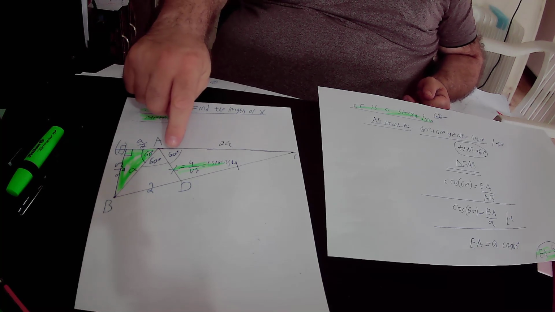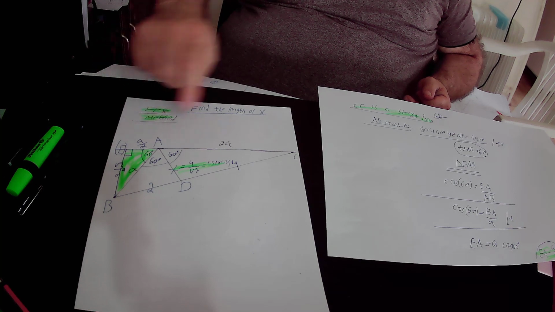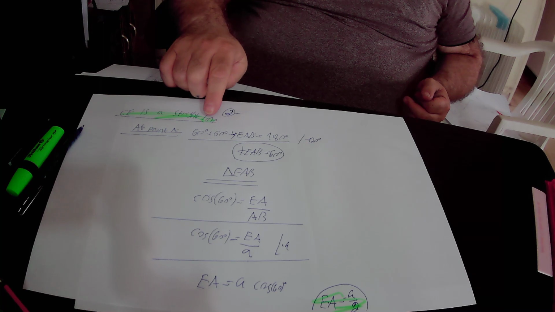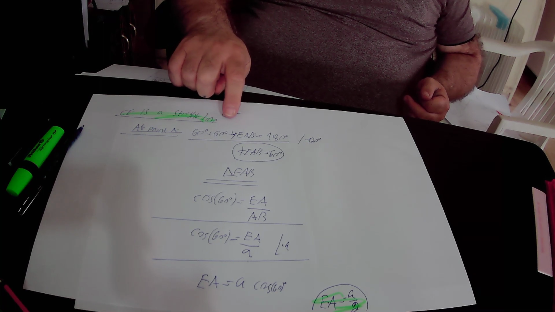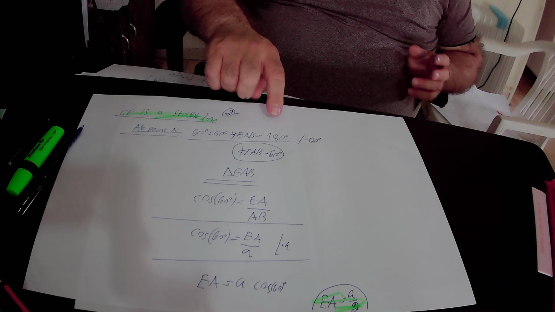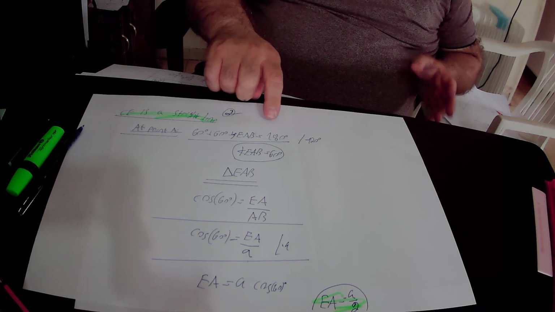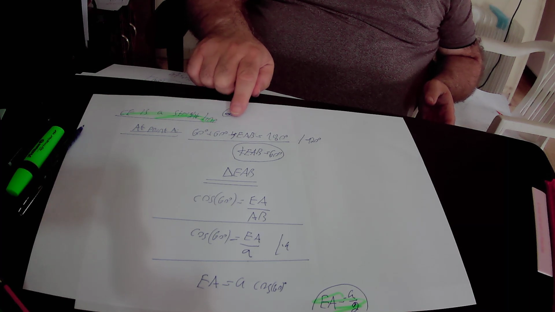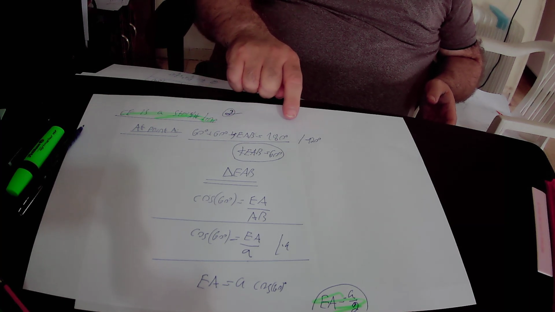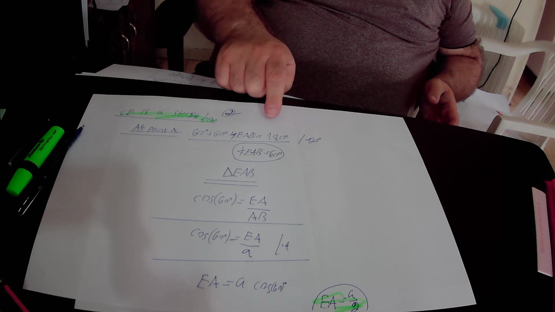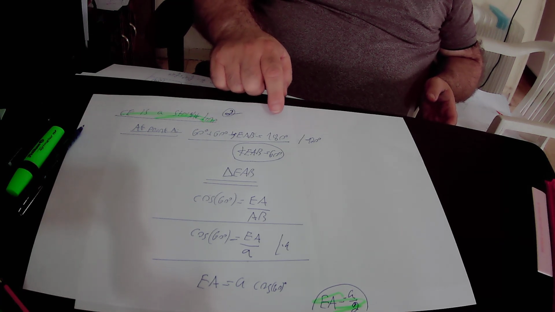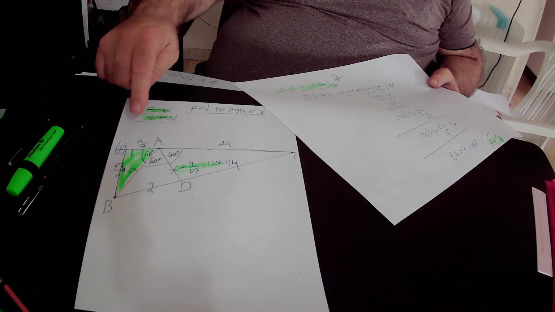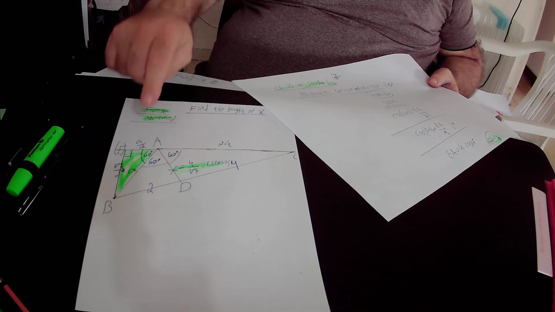We have 60 degrees plus 60 degrees plus angle BAE, and in total they must equal 180 degrees. 60 degrees plus 60 degrees is 120 degrees, so we subtract 120 degrees and find that the missing angle EAB equals 180 degrees minus 120 degrees, which is 60 degrees. So angle EAB equals 60 degrees.